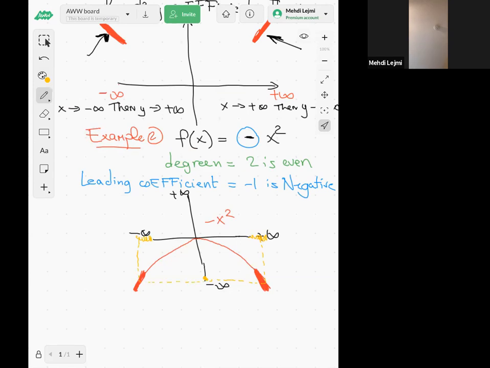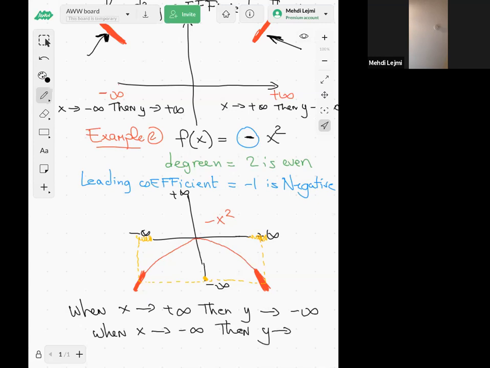All right. So let me just write it down for you. When x goes to positive infinity, then y goes to negative infinity. And when x goes to negative infinity, then y also goes to negative infinity.